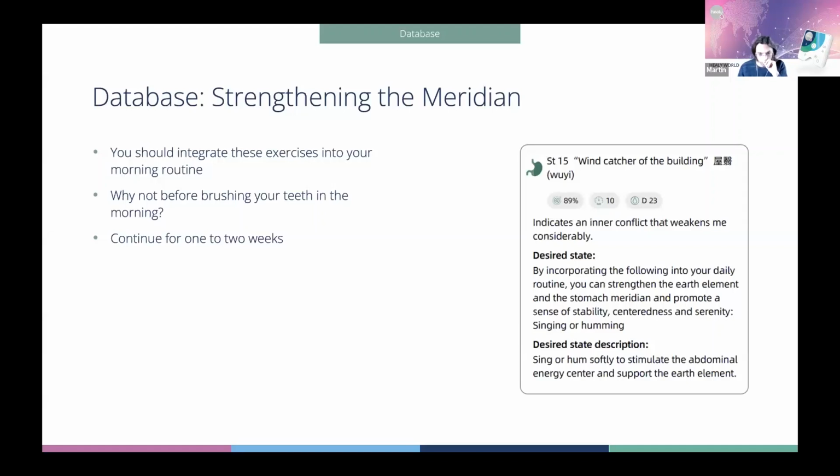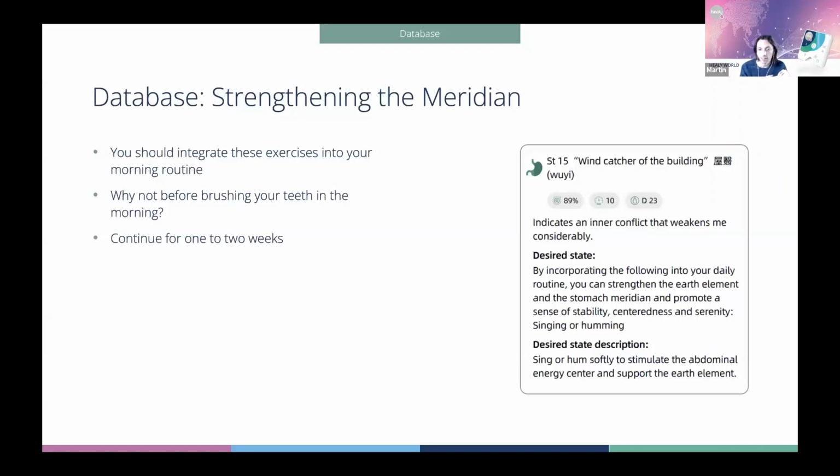So what we also have here, of course, I just want to explain the structure here. So the first thing that basically is in the entry is the name of the acupuncture point you analyzed in depth. And below you have the intensity, potency, and relevance. And below that you have the message behind this acupuncture point.